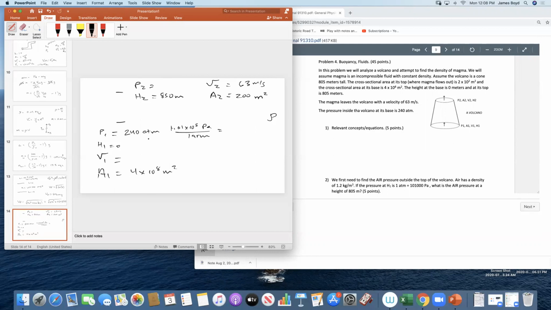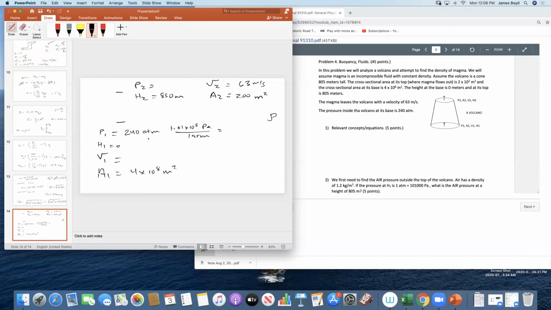So you need to multiply that to get the pressure. I'm not going to do that right now. It's not super important. But our overall job is going to be to find V1 and to find pressure 2, the pressure at the top of the volcano, the static pressure.